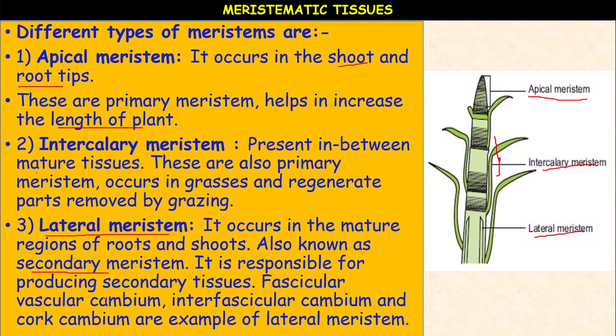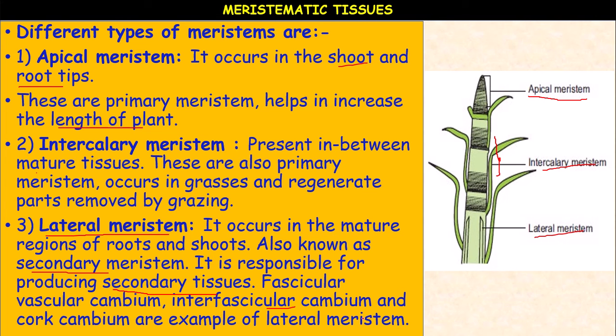It is responsible for the production of secondary tissues. Where do these lateral meristems occur? Fascicular or vascular cambium, interfascicular cambium and cork cambium are the examples of lateral meristems. They occur on the sides and take part in increasing the girth of the plant.